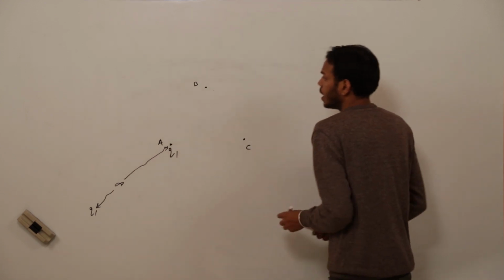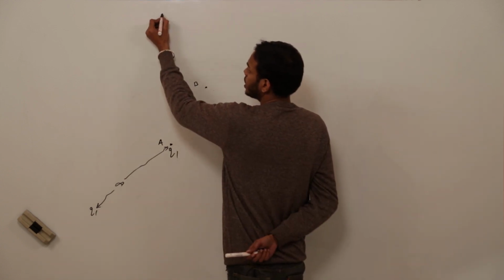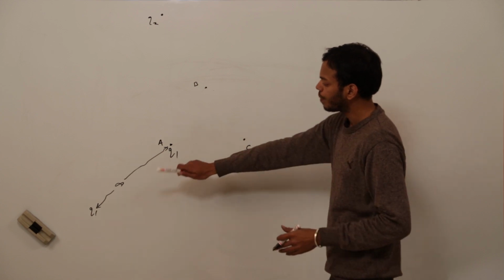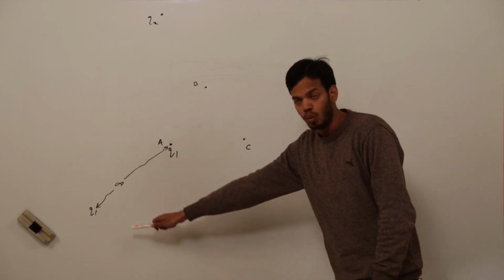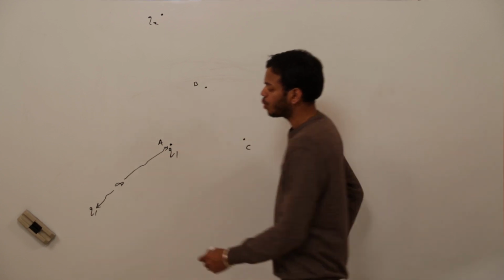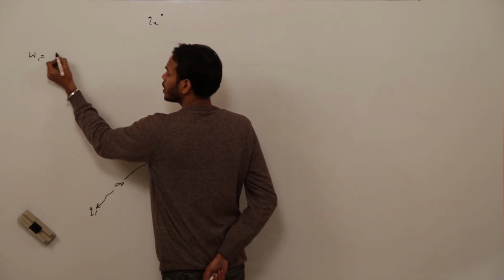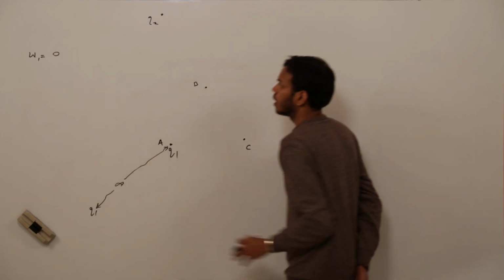Now I have another charge Q2. Before moving on to Q2, the work done in bringing Q1 from infinity to this point, let us write it as W1, which will be equal to 0.